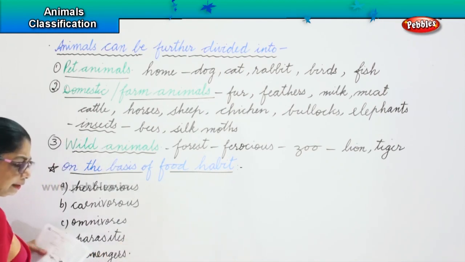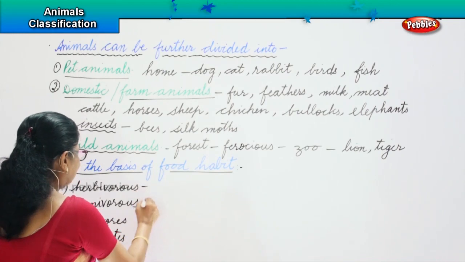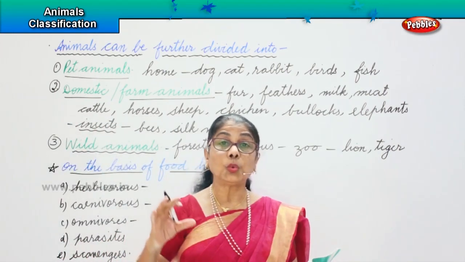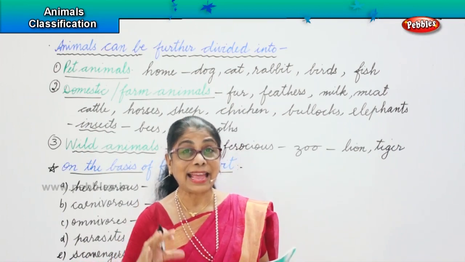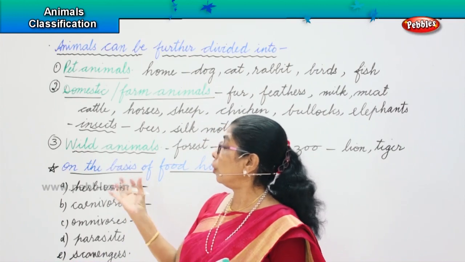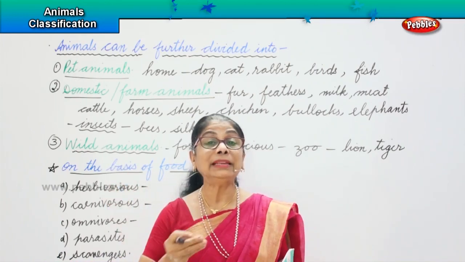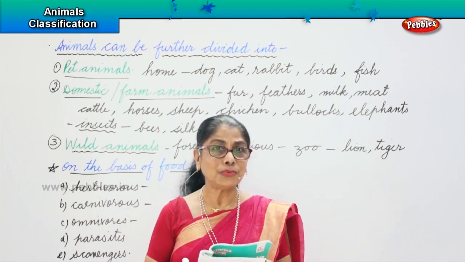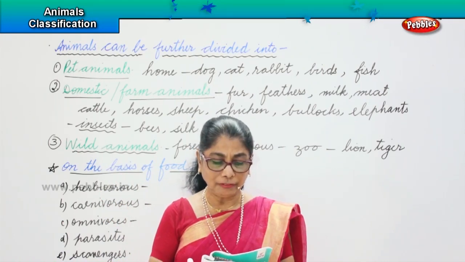So there are 5 categories, and let's take each of these separately. So we categorize animals, whether domestic or farm or wild, on the basis of what food they eat, food habits, what they love to eat.